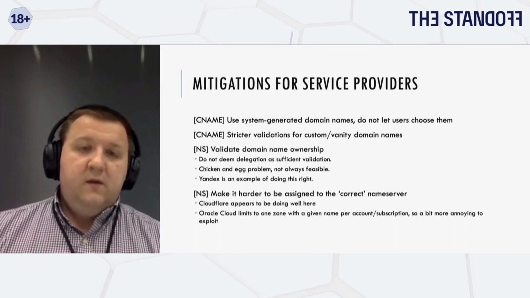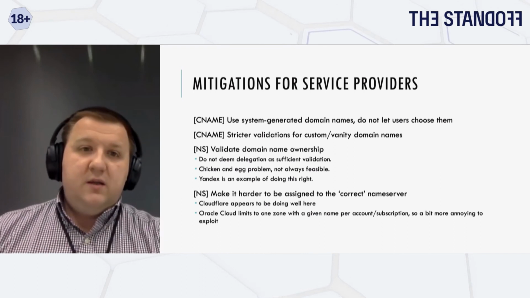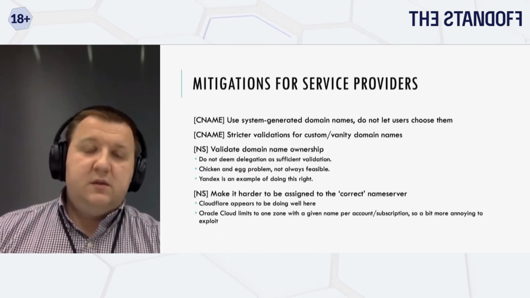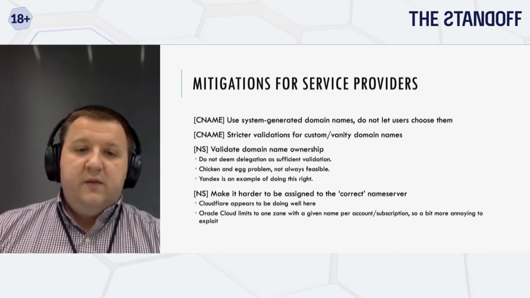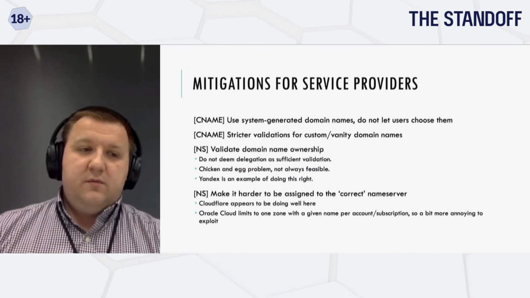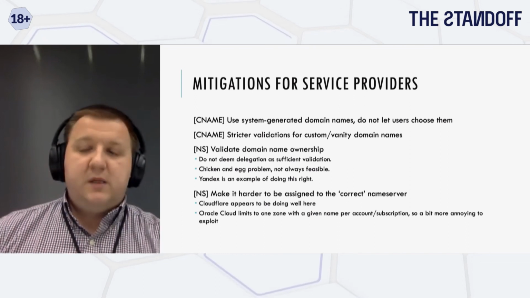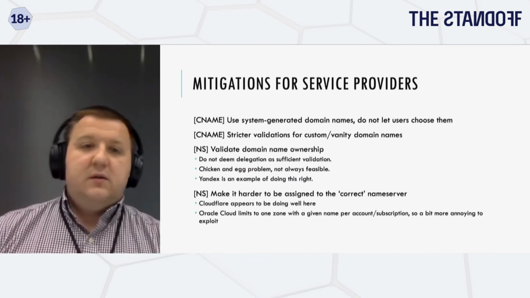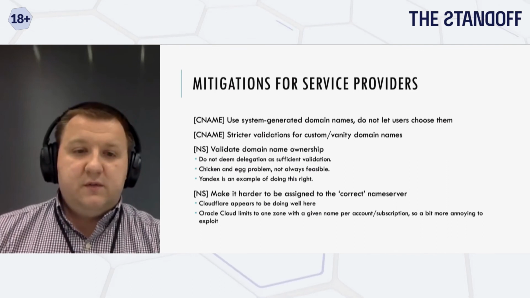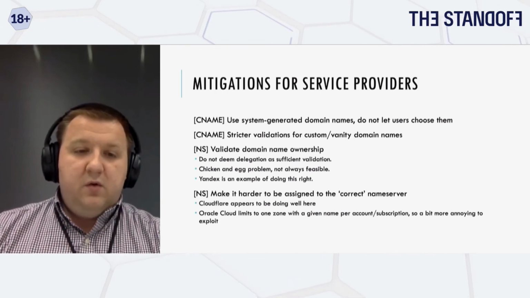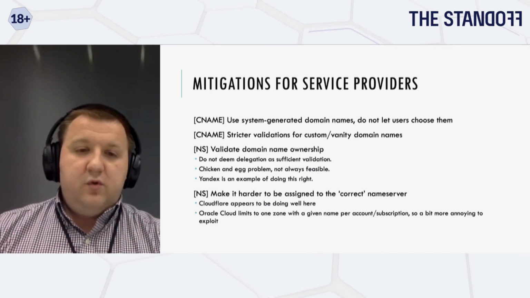When you create a zone, it will end up in one pool. With some providers, this decision is made randomly. In some cases, there is a deterministic rule for it. The more complicated this process is, the more difficult it is for an attacker to connect to the right name server, the better it will be.